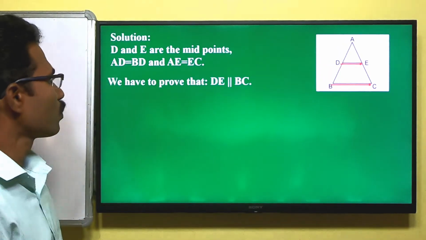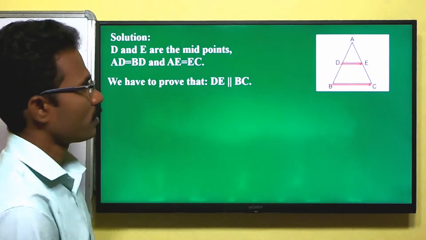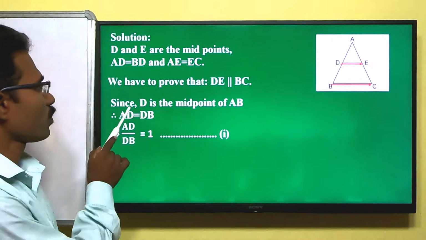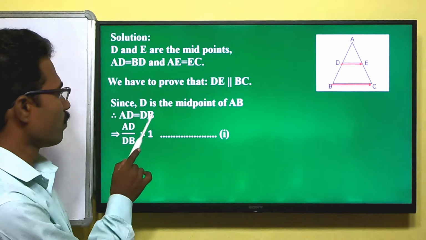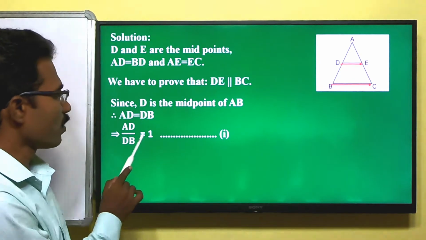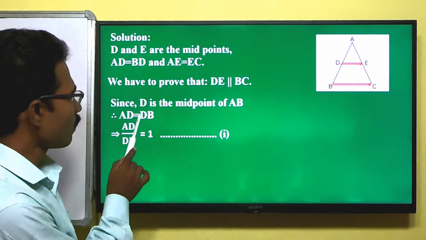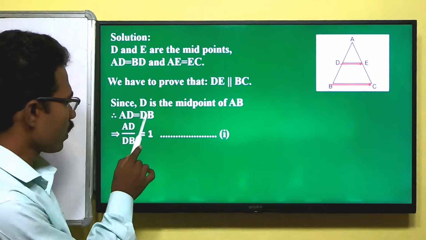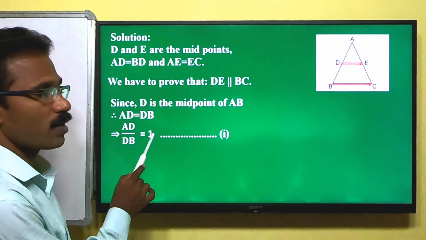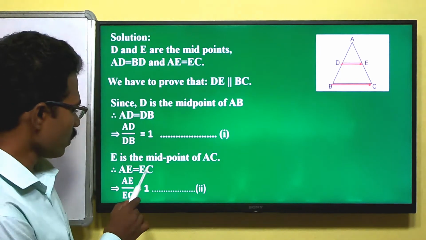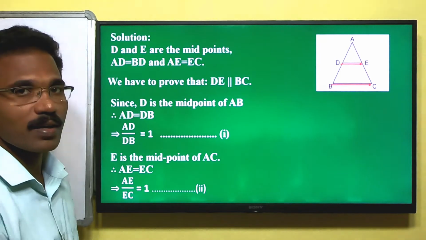Now we have to prove that DE parallel BC. Since AD equal to DB, we can write AD upon DB equal to 1. Same way, AE equal to EC, so AE upon EC equal to 1.